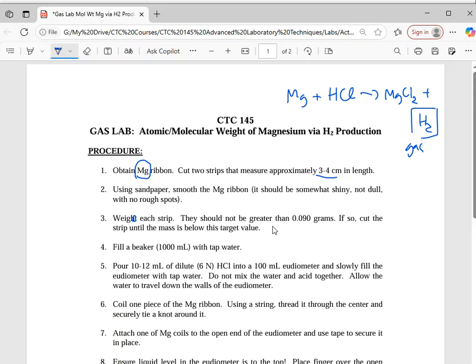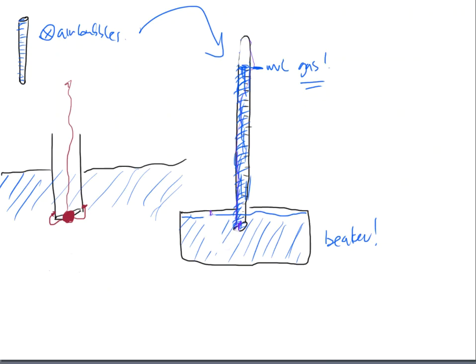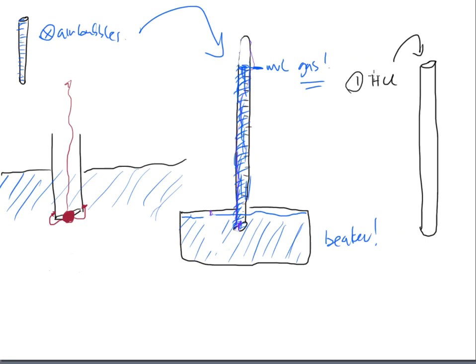All right, so let's talk about the way that we fill this up the appropriate way. With this particular eudiometer step, it's going to say, take my eudiometer just like this, and I'm going to take some hydrochloric acid, and I'm going to add HCl as step number 1. That is 6 normal or 6 molarity strength hydrochloric acid.